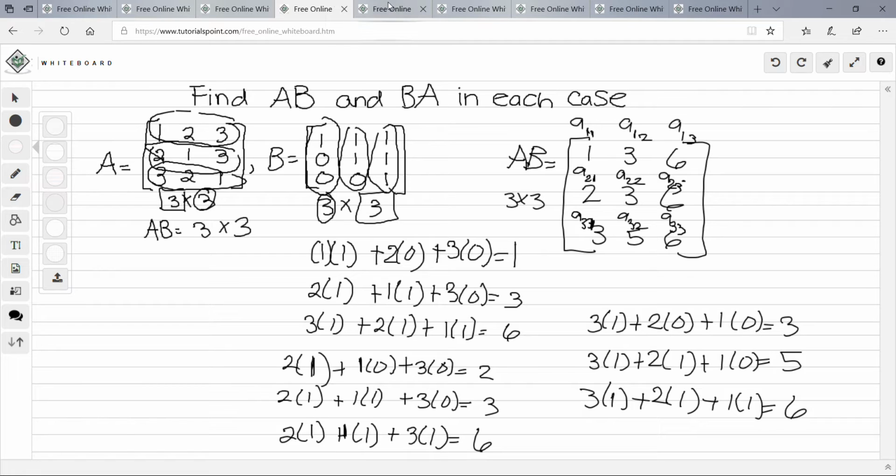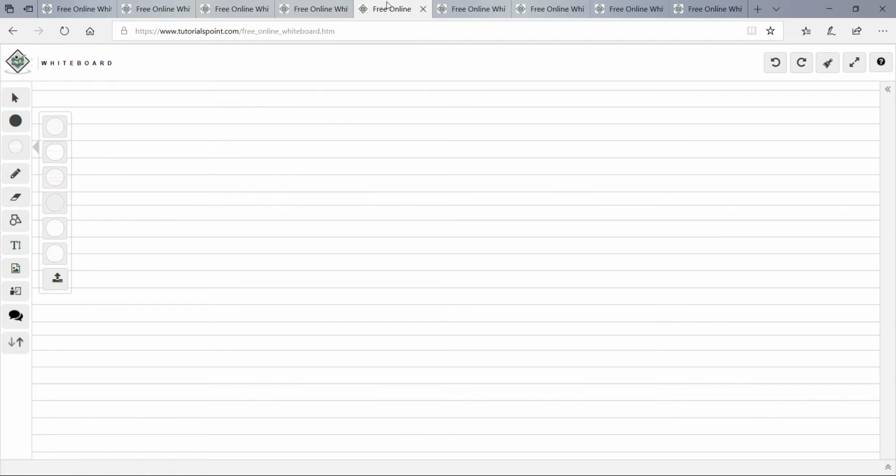Now we've got to find BA, right? So BA, I'm just going to write B. So B is, I'm going to rewrite B. So B is 1, 0, 0, 1, 1, 0, 1, 1, 1, and then A is 1, 2, 3, 2, 1, 2, and then 3, 3, 1.